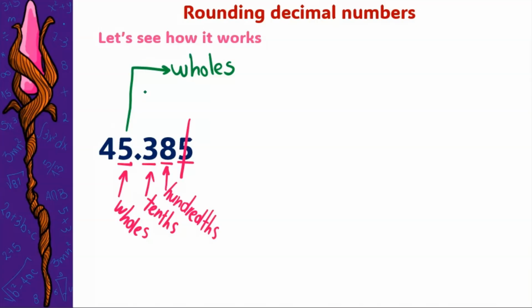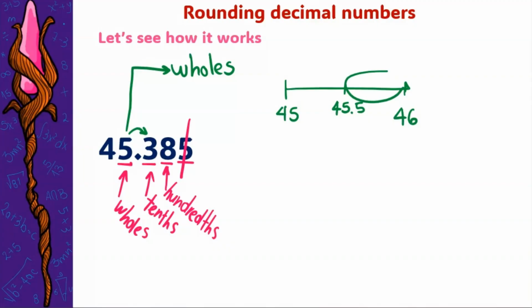So, guys, when we round to the wholes, we just need to check the value of the next place value. 45.385 is somewhere between 45 and 46. We just need to choose which one is closer to the given number. So we have right in the middle the 45.5. We need to decide in what half the number is, here or here.